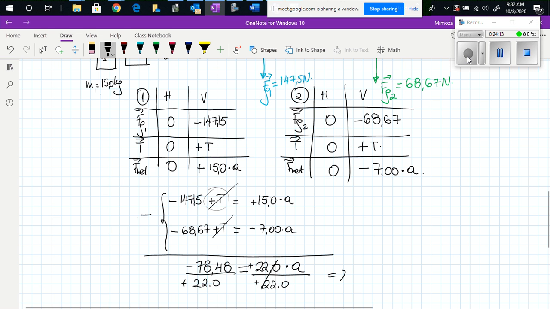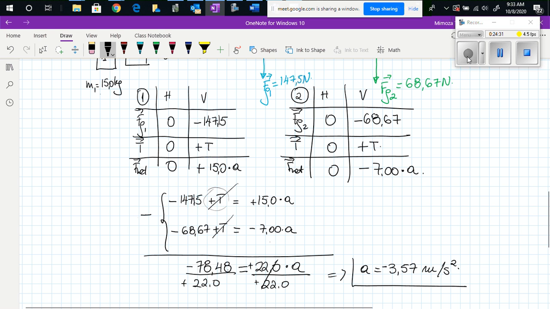Then acceleration will be 78.48 divided by 22, which is 3.57, with negative, meters per second squared.